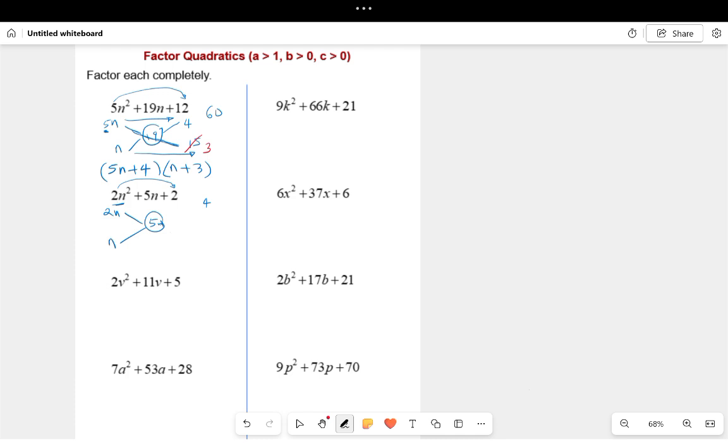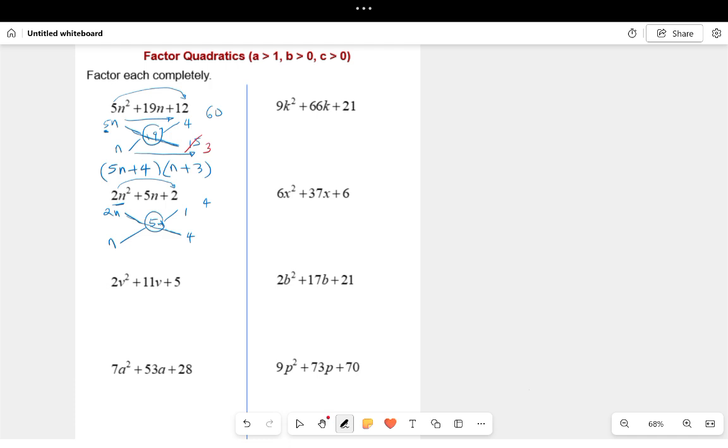Now we need to figure out two numbers: when you add, you get 5, but when you multiply these two numbers, you get 4. The numbers are simply 1 and 4. So I'm going to place 1 here, and 4 here. And it's not by accident. I want to have 2n and 4 here because I know 4 can be divided by 2.